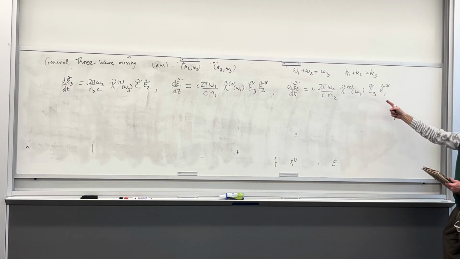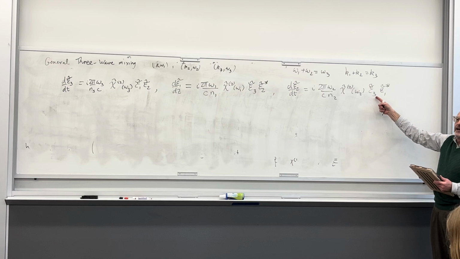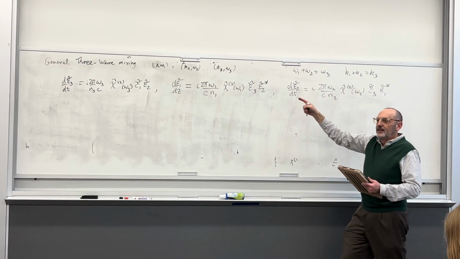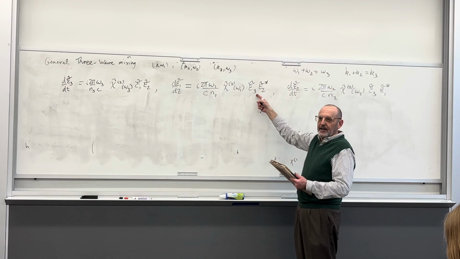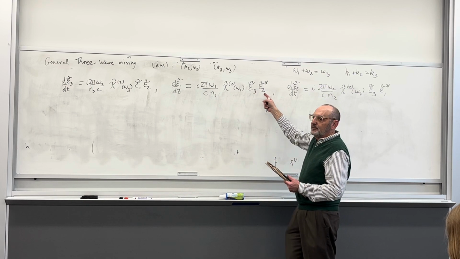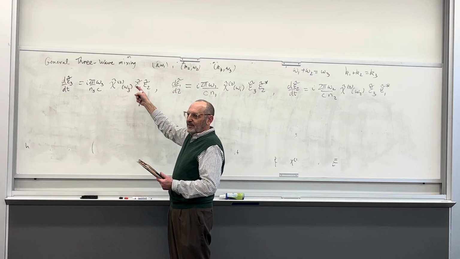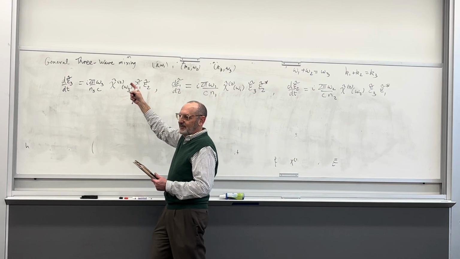So this oscillates at the difference between omega 3 and omega 1, which is omega 2. This oscillates at the difference between omega 3 and omega 2, which is omega 1. And this oscillates at the sum of omega 1 and omega 2, which is omega 3.